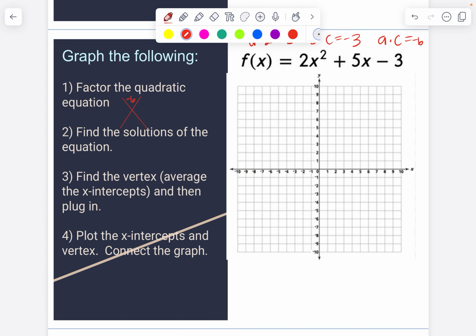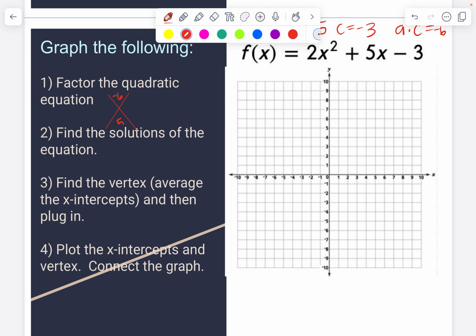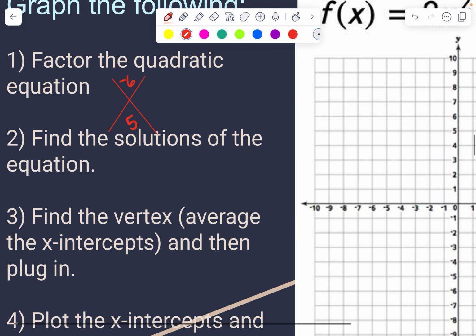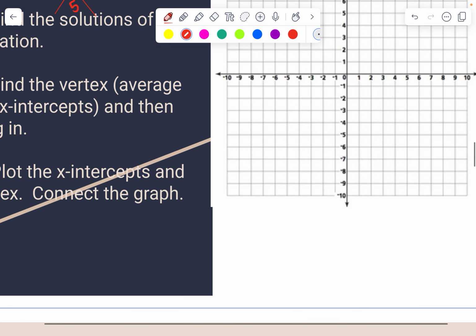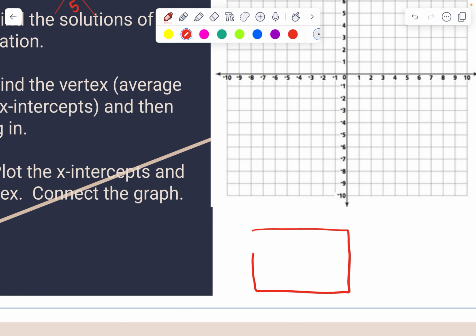So I'm going to have negative 6 on top, 5 on the bottom. We have a positive and a negative since we're multiplying to a negative, but the positive number has to be bigger. So we want 2 factors that multiply to 6 and subtract to 5, and those are 6 and 1. But now remember, we need to do the box method as well.